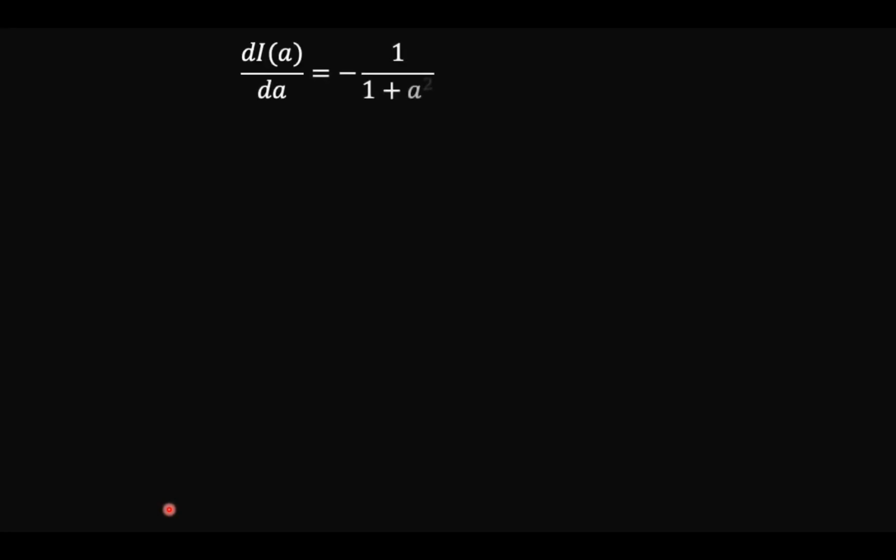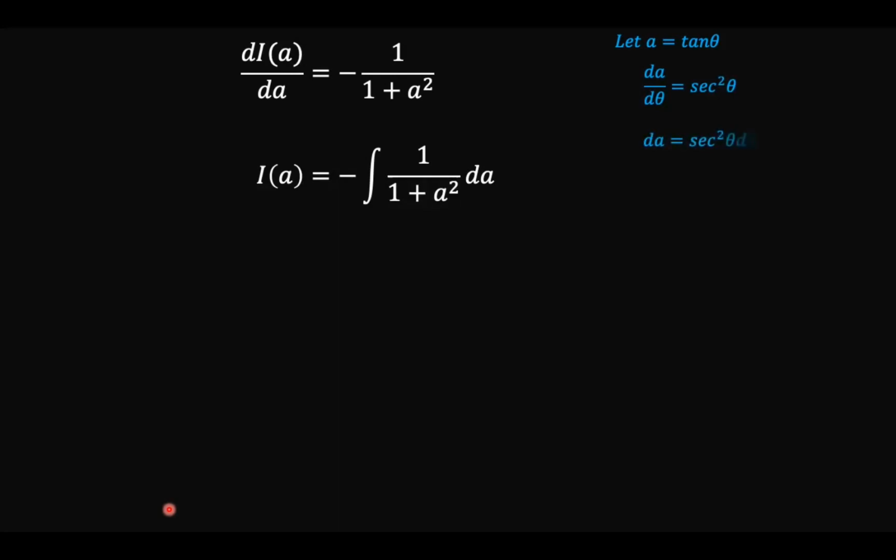So what is I(a)? I(a) is the integration of negative 1 over 1 plus a squared. And how would you solve that? By letting a equal tan theta, so da/d theta is sec squared theta, and da is sec squared theta d theta. Therefore I is equal to negative 1 over 1 plus tan squared theta times sec squared theta d theta.